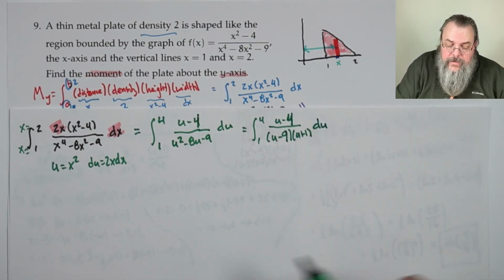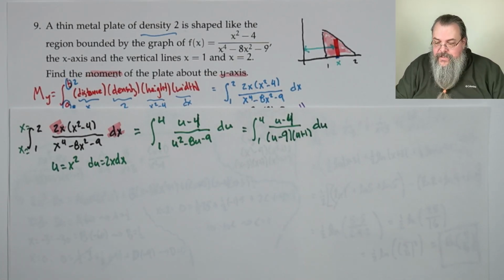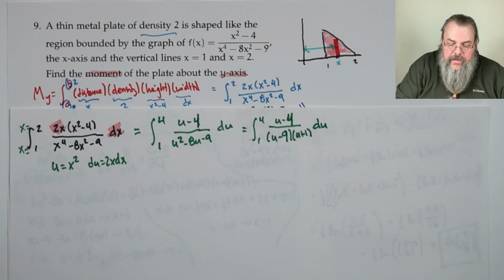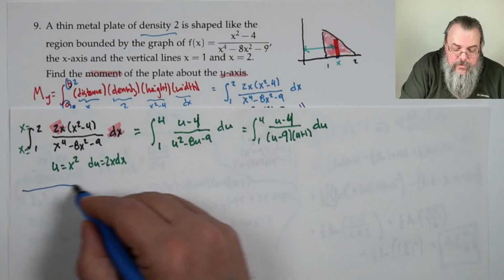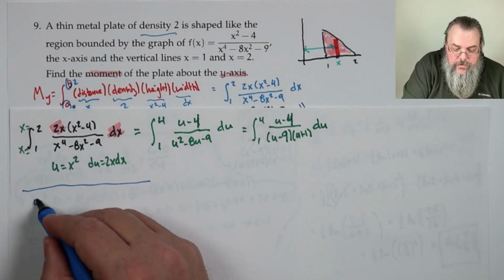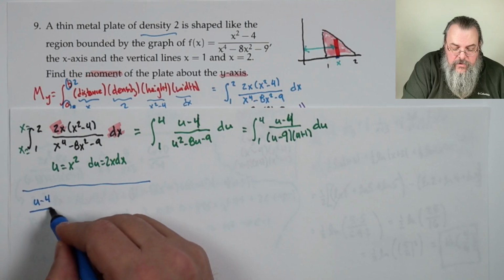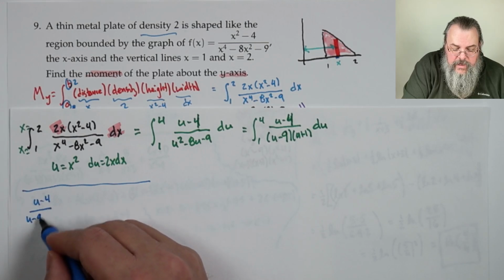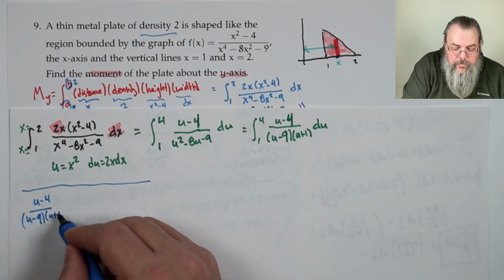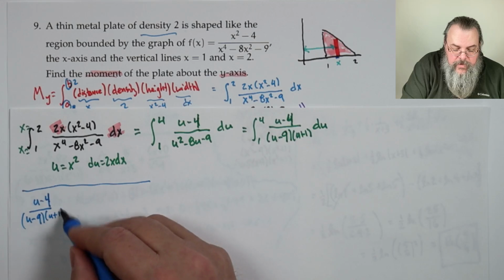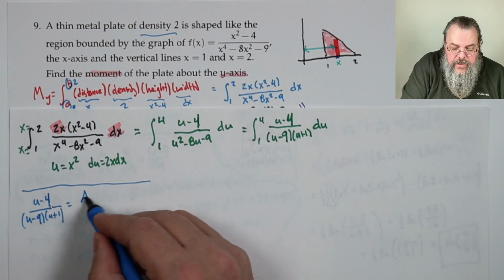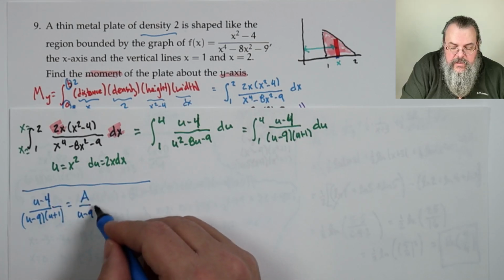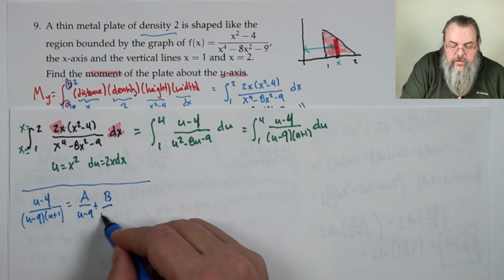And now let's do some partial fractions work. Okay, so we're going to do some little work here on the side. So we have u minus 4 over u minus 9, u plus 1. Well, that's something over u minus 9 plus something over u plus 1.